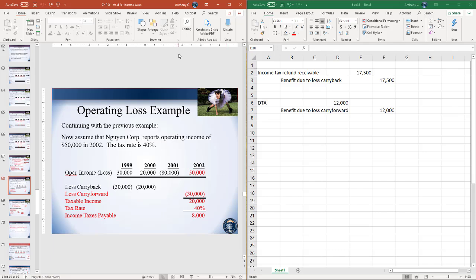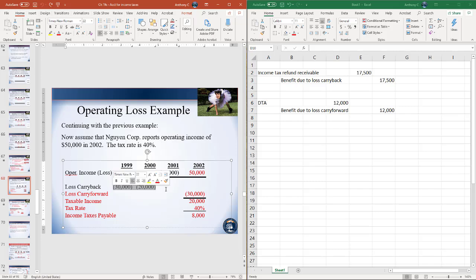Now let's assume that Nguyen Corporation reports operating income of $50,000 in 2002. The tax rate is 40%. So again, in 2001, we had this $80,000 loss. We carried $50,000 of it as a loss carryback, and then that means there's a remaining $30,000 to carry forward.